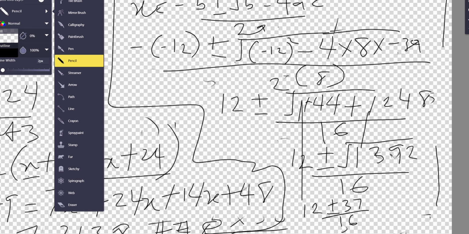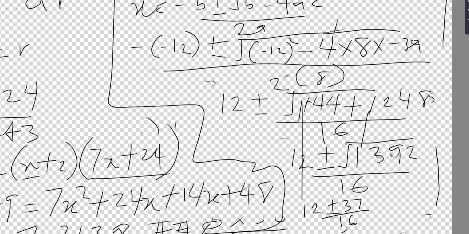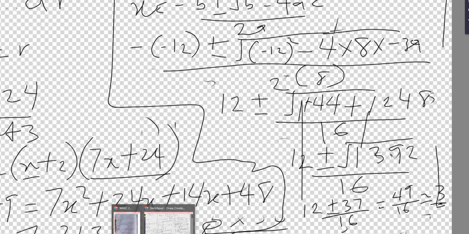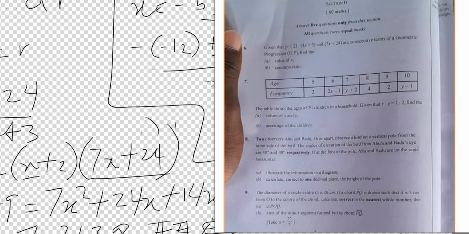Then divided by 16. That's roughly 3. So let me do this so that we can do it together. That's 49 all over 16, just approximately 3. Don't mind the board. So that shows that our x is equal to 3, which is the first question that we are asked to solve in this question.